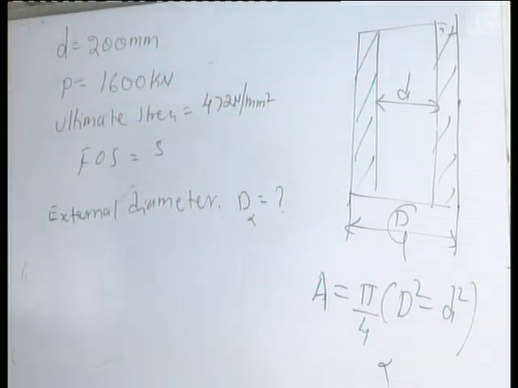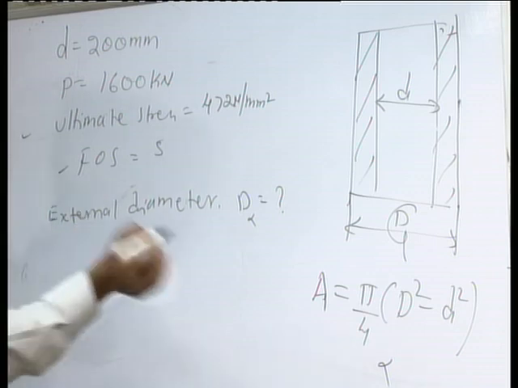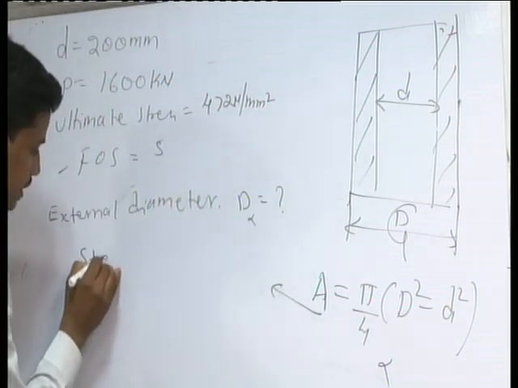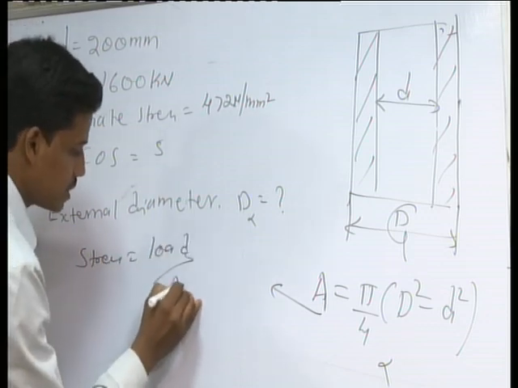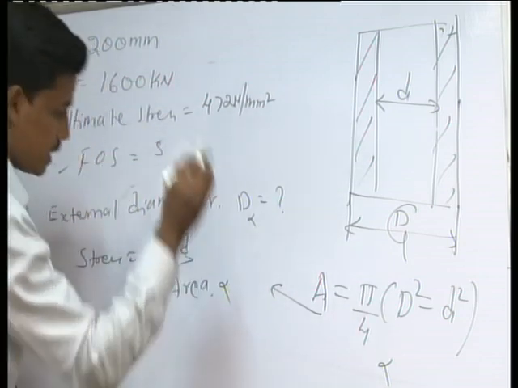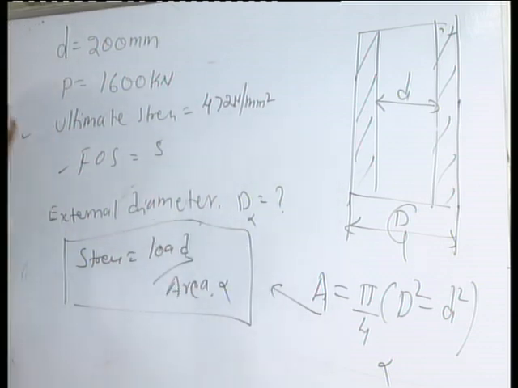Here the ultimate stress and factor of safety are given. We will get the area from the stress formula: stress is equal to load by area. Which stress is it?